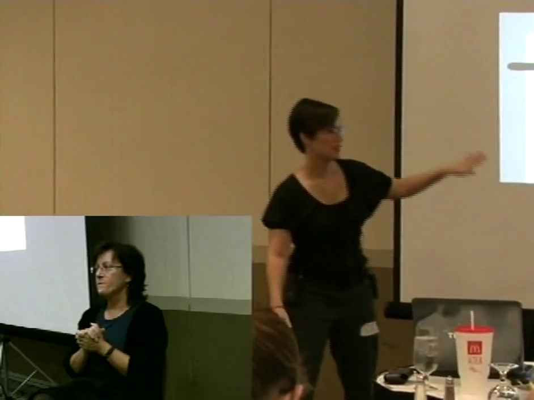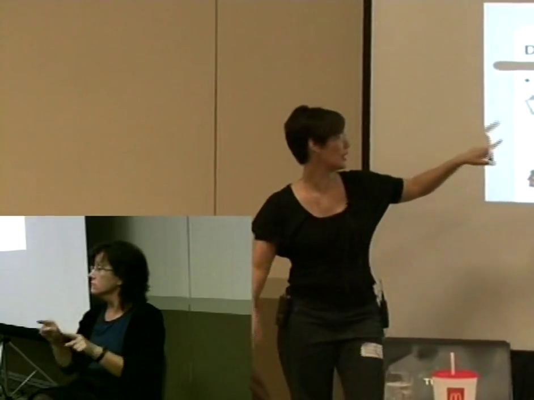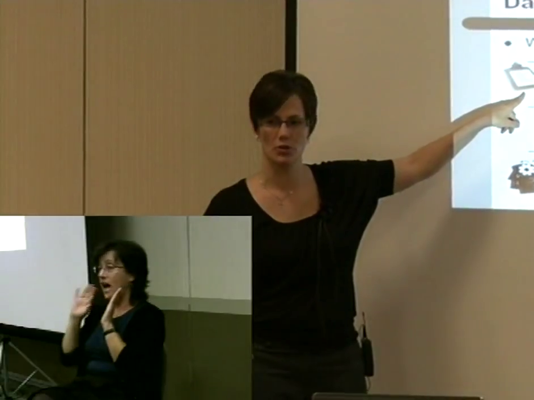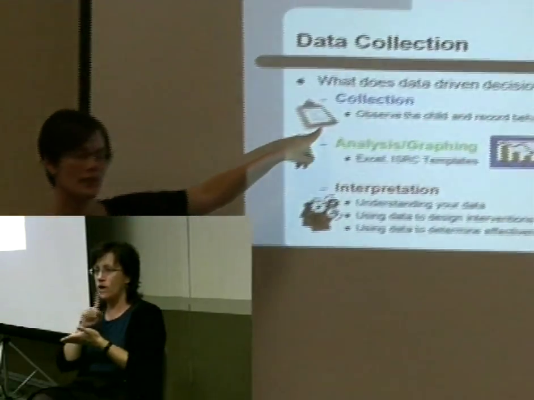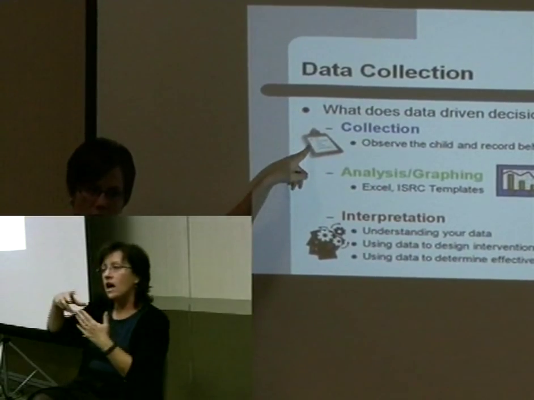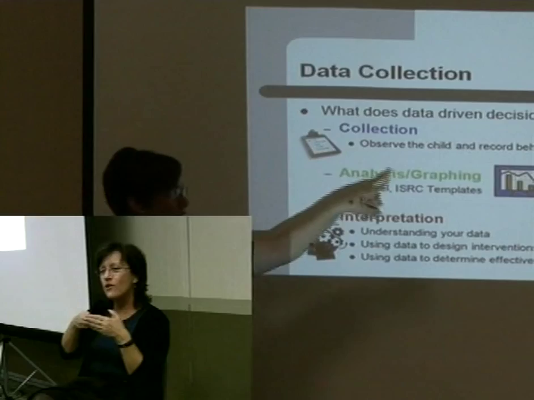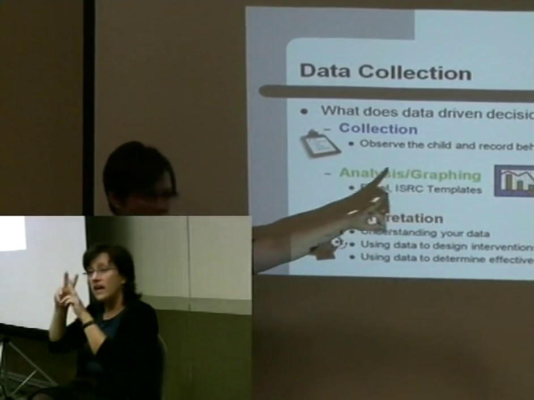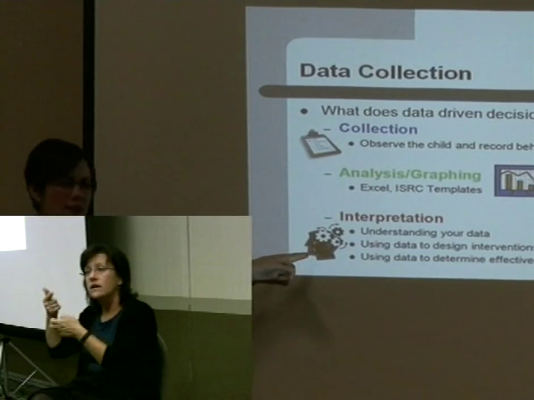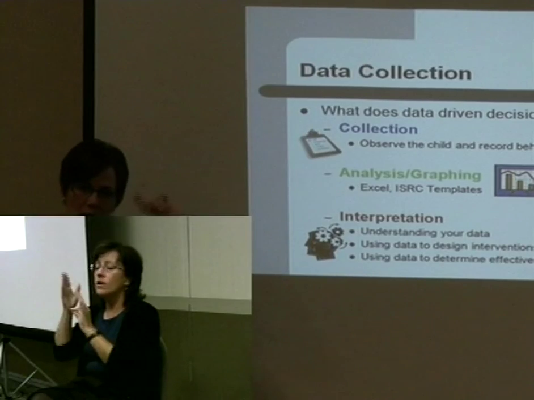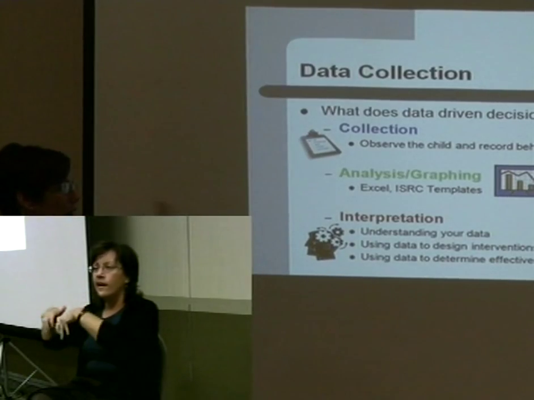So throughout this presentation, if you look in your PowerPoint, at the bottom of each of the slides, it has a little icon that's going to help you keep track of where we are. Anything that's falling under the collection category has a little clipboard at the bottom right corner, I believe, of your slide. Anything relative to analysis and graphing is going to have that little graph at the bottom of your slide, and anything related to interpretation will have the little man with his gears spinning at the bottom of your slide.